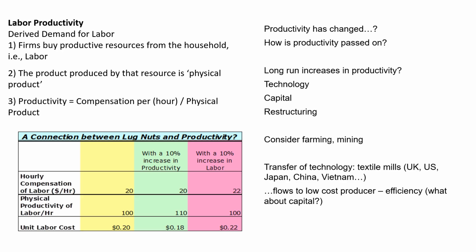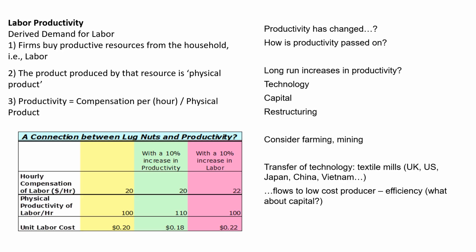So, a couple of questions here. How has productivity changed over the years? I've already alluded to it. Typically we think of increases in productivity as associated with technology. So why do we add technology?